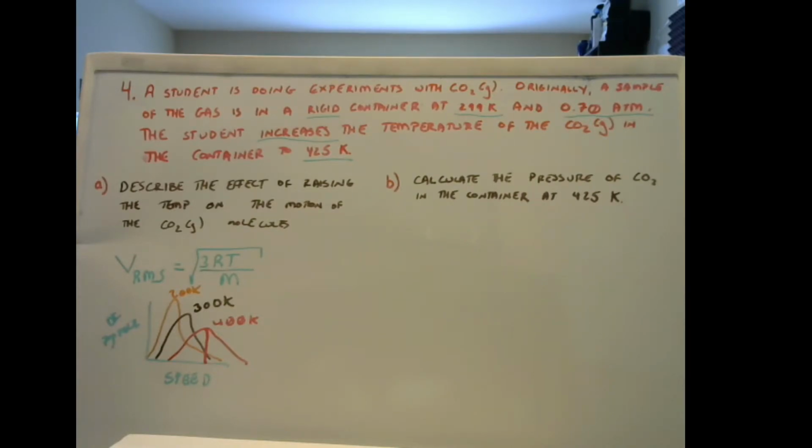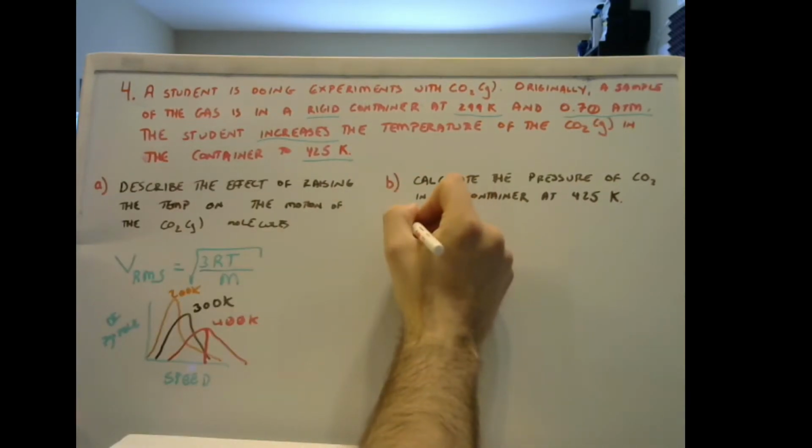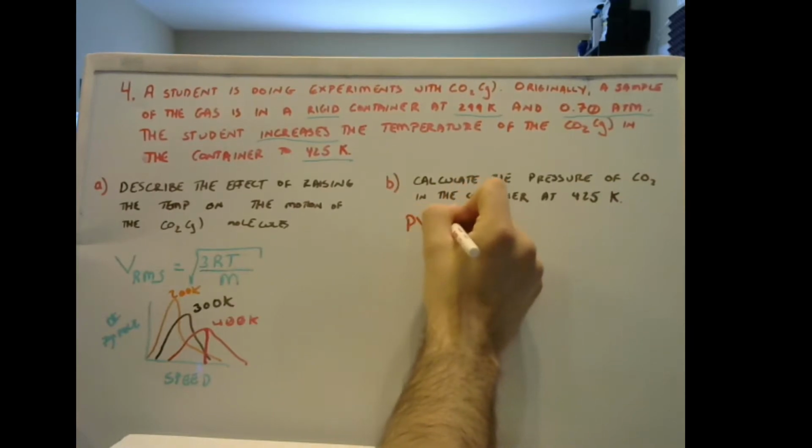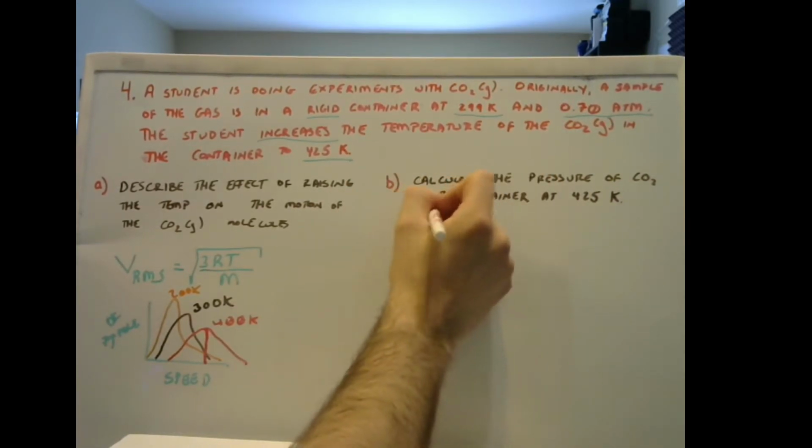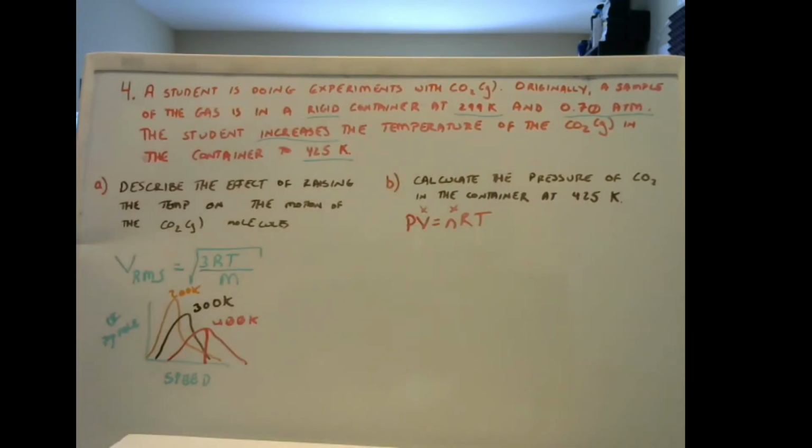All right. This is a gas. We're talking about pressure. So the first thing we look at is the ideal gas law. And then we go, crud. We don't have the number of moles for our ideal gas law. We don't have the volume. We just have pressure and temperature.